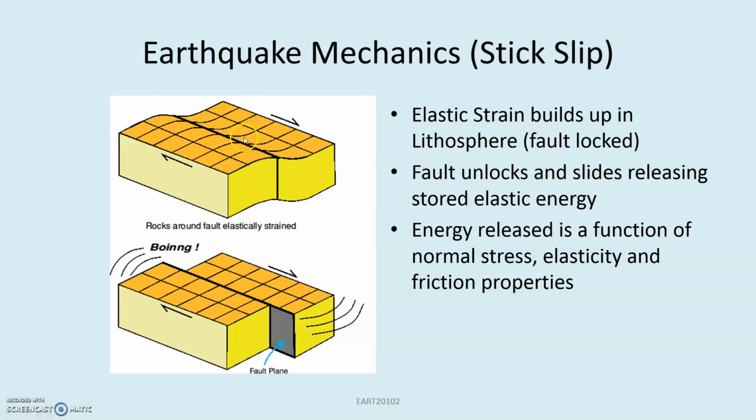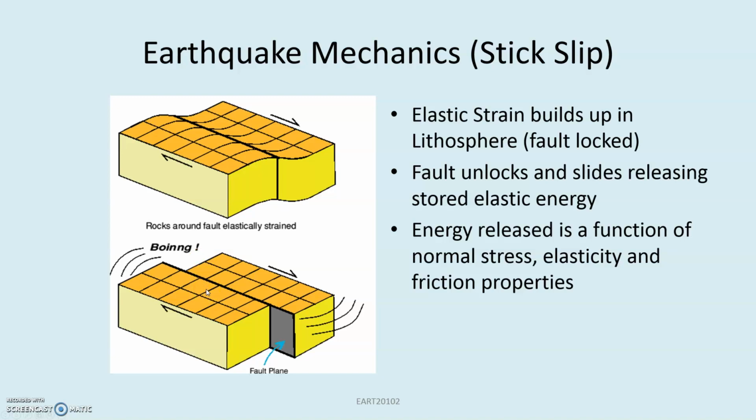But these plates are still moving, so we get elastic build-up of strain in the lithosphere while the fault is locked, and then at some point the stress on it becomes critical, or something else happens, some fluid gets released into it, and we get that fault rupturing, and we release the elastic strain energy that was built up in the lithosphere on either side of the fault as elastic waves of energy.